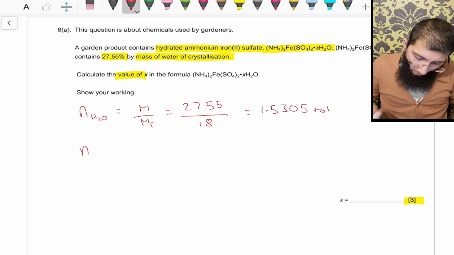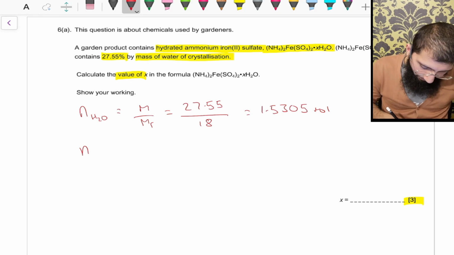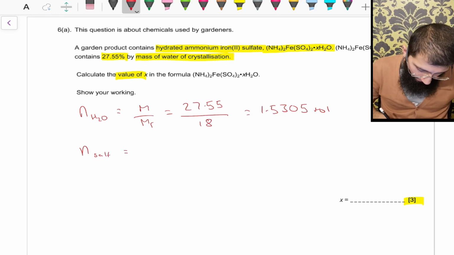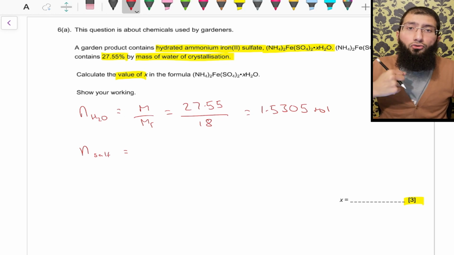Okay, so we're going to work out the moles of our ammonium iron(II) sulfate. I'm just going to write down our salt. I'm not going to bother writing either the entire name or the formula. It's going to take me ages. So what is the mass going to be? Well, again, we're assuming we've got 100 grams.